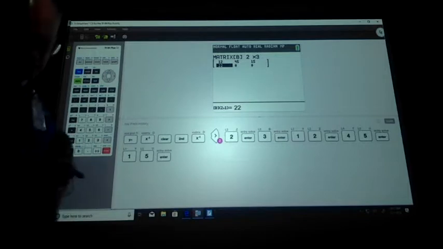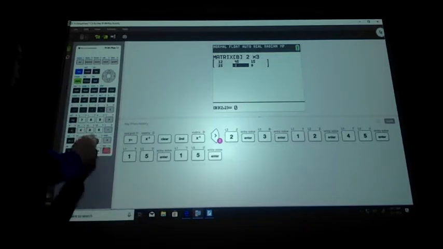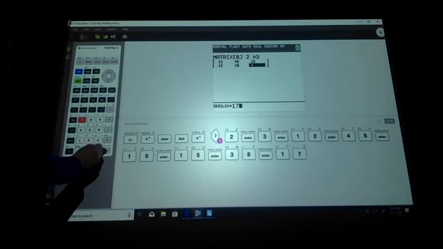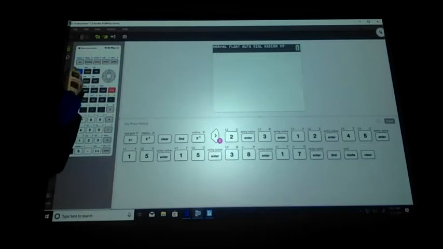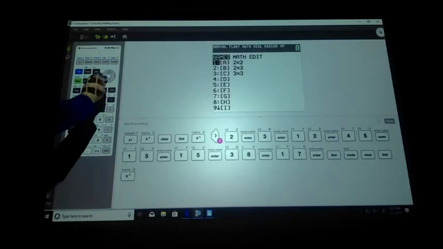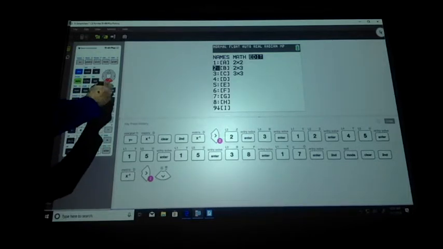And then for the guys, it was 15, 38, 17. Cool. Got to make sure you do that. And second matrix under B. I'm going to make that. I don't know why I didn't make B that.